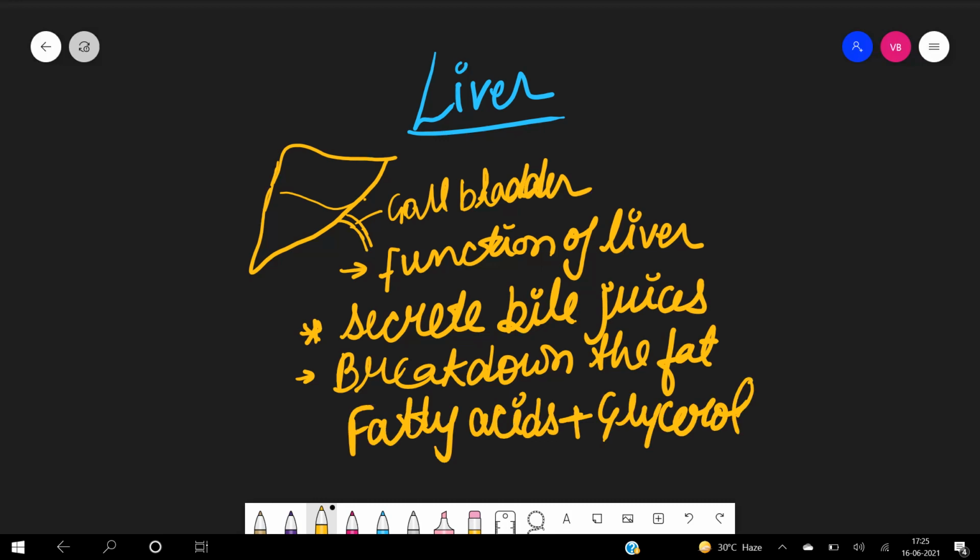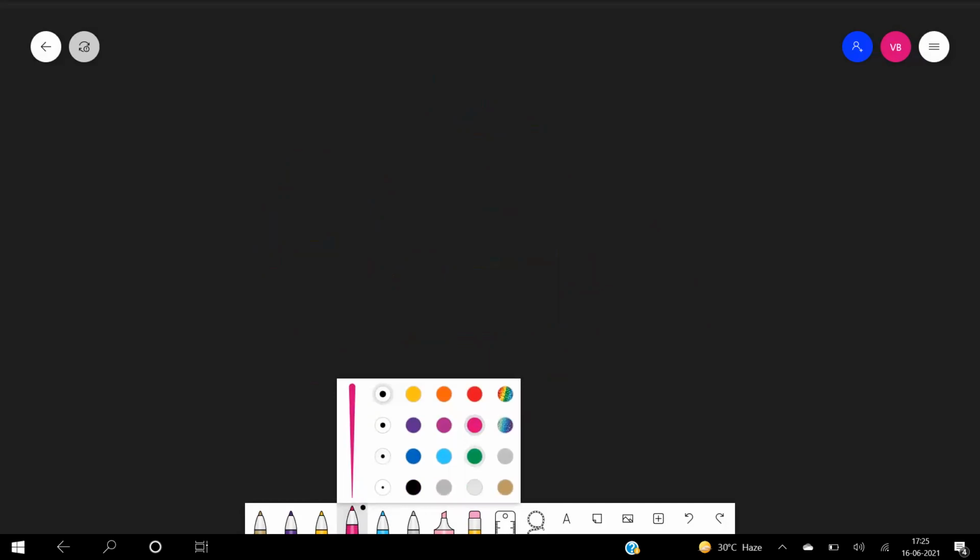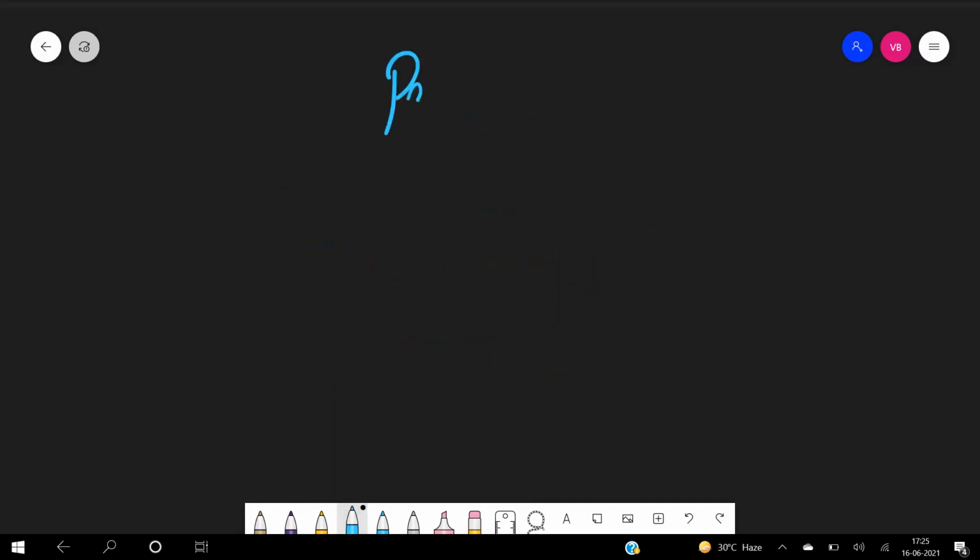Okay. Now, if we will talk about pancreas. Pancreas is also having its role in digestion. This is a very important gland. It is also known as heterocrine gland.